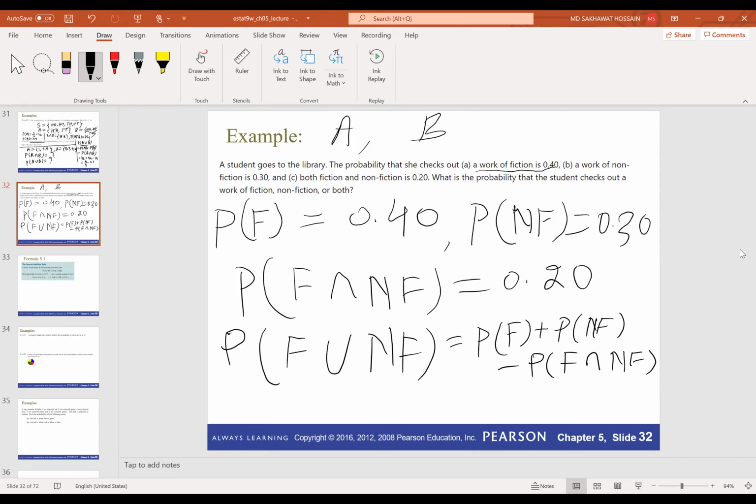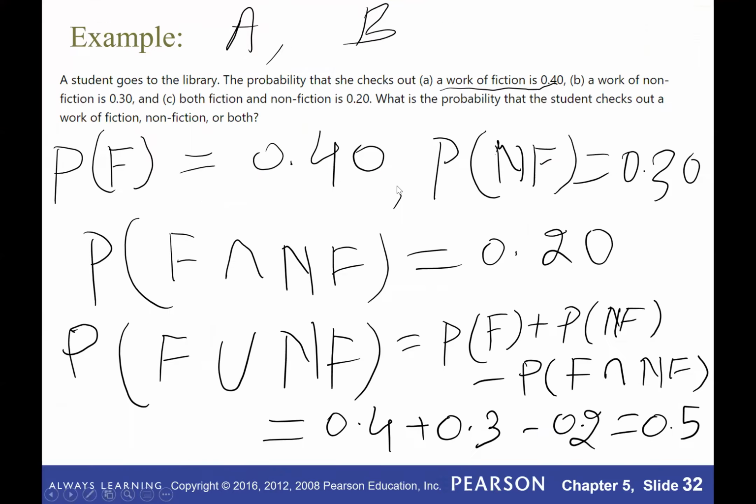This is the probability rule for addition. So 0.4 plus 0.3 minus 0.2, then it will be 0.5. Do you have any question? Okay, thank you.